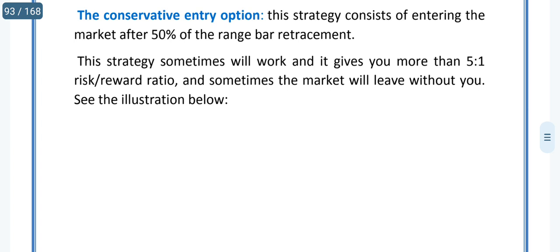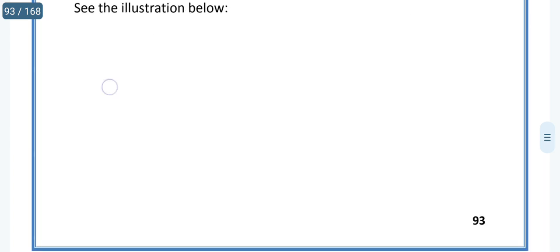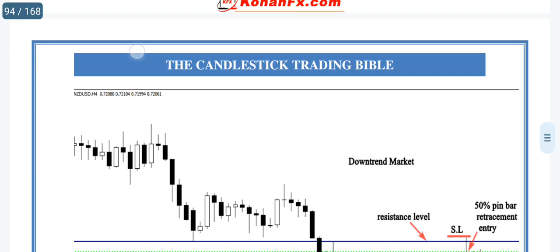This strategy sometimes works, and it gives us more than a 5-to-1 risk to reward ratio, and sometimes the market will leave without you.